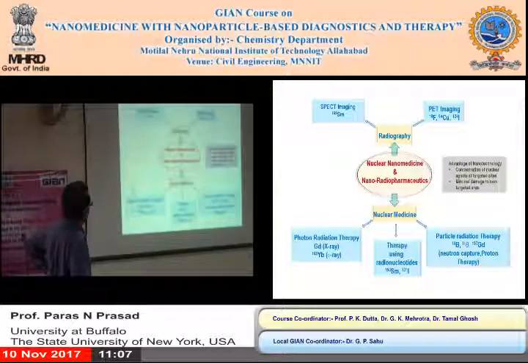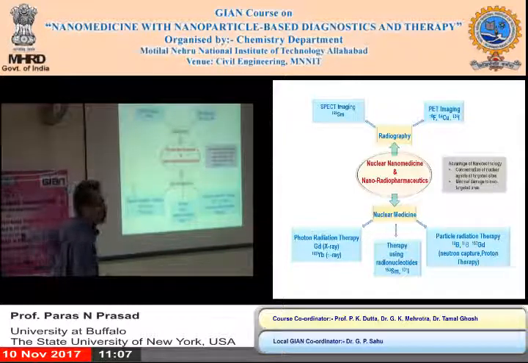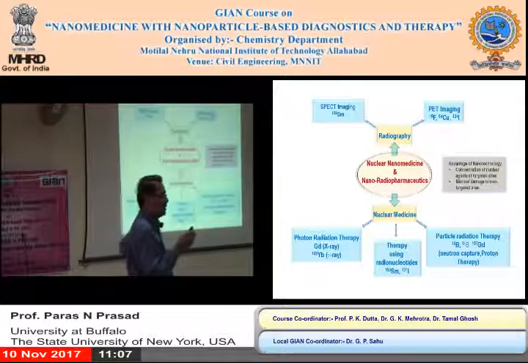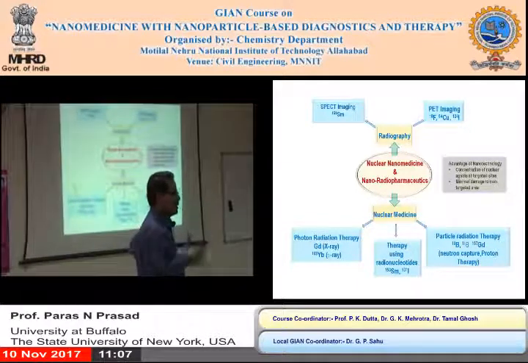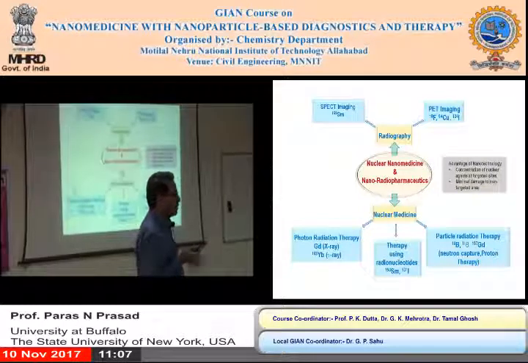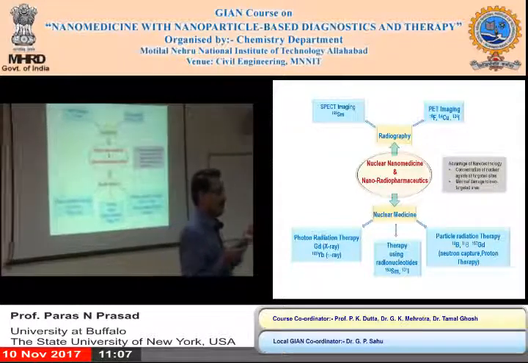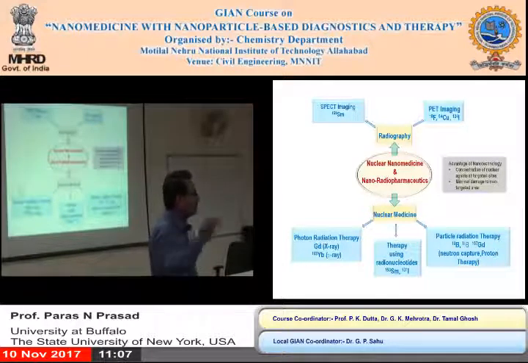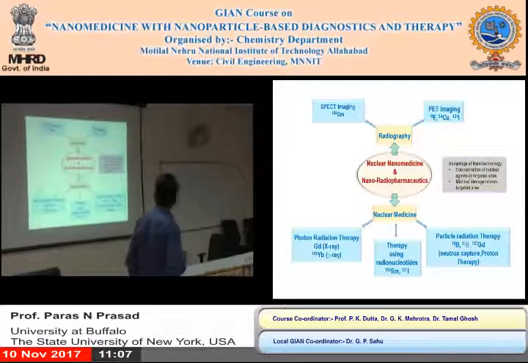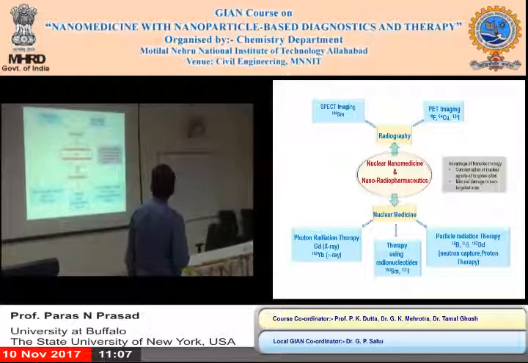So the idea is, how can we embed this in a nano formulation? And then we have a targeting group to go to the right site, and then we can image more effectively, because the radioactive nucleus is mainly now at the tumor, not at healthy tissues, and we can map out. So that's kind of thing again.